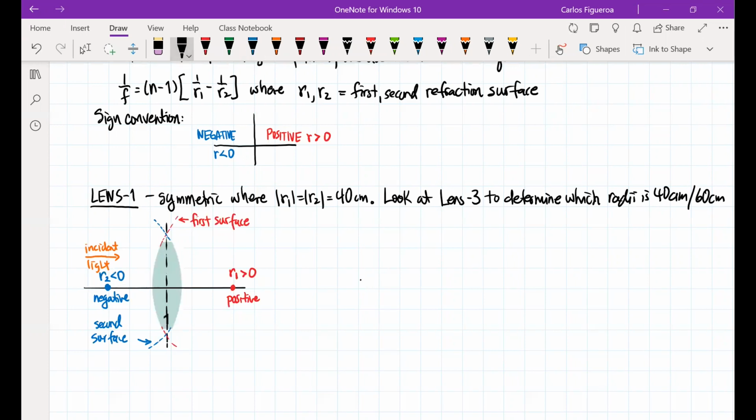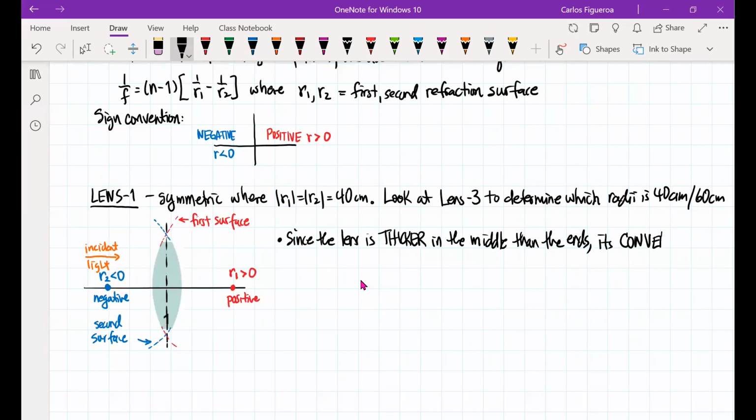So let's start to look at what's actually happening now. What do we physically expect? Since the lens is thicker in the middle than the ends, it has to be converging.